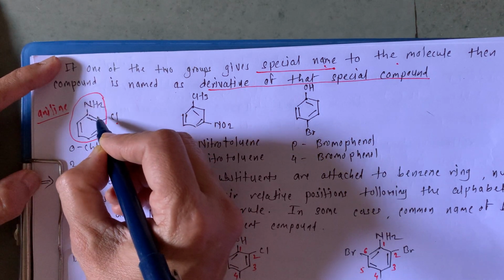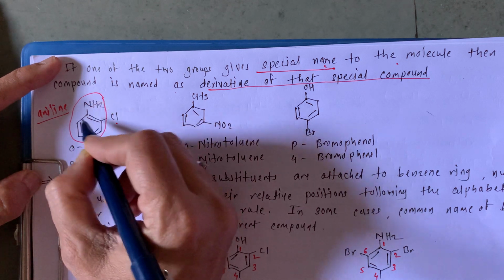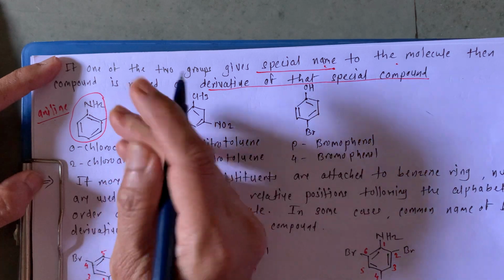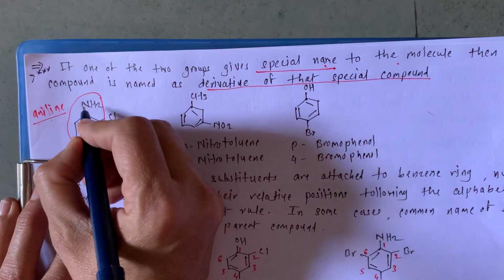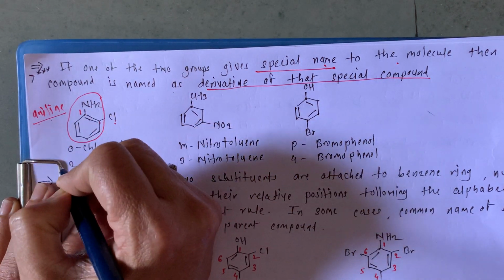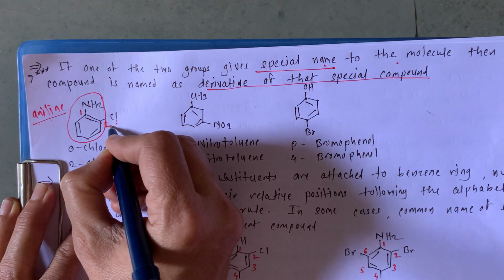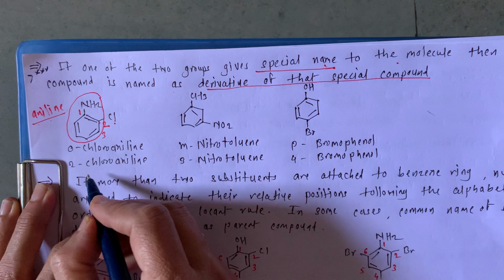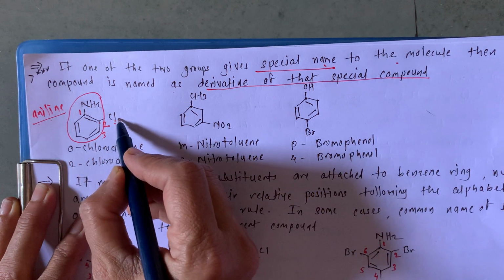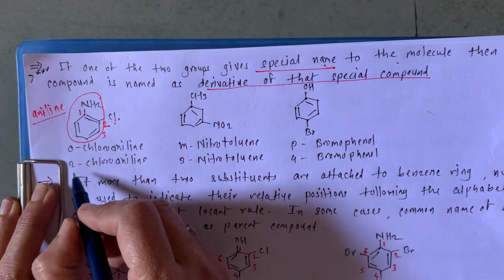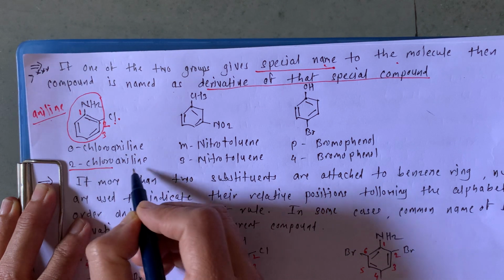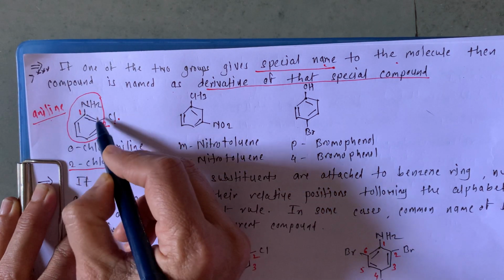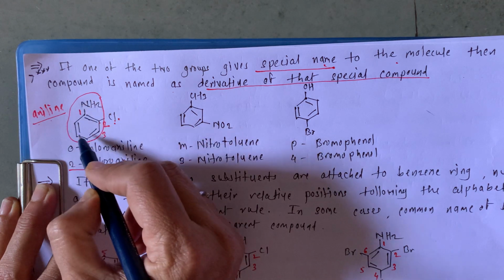The special name for this compound is aniline. And here on this carbon, there is a chlorine. So now we have to number this carbon as 1, then the second carbon, third, fourth, fifth, and sixth. So in the IUPAC name, on the second carbon there is a chlorine. So this is 2-chloroaniline.